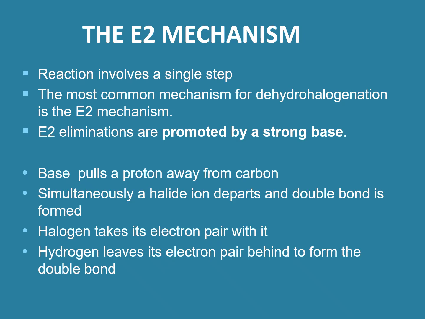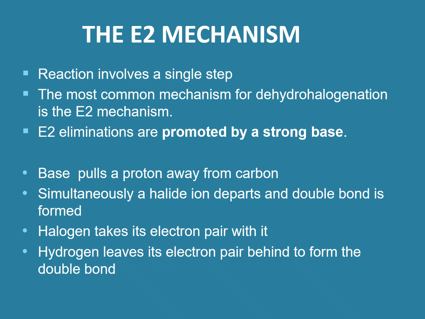Simultaneously a halide ion departs and the double bond forms. As we have discussed in the characteristics of elimination reaction, the leaving group, halogen in this particular case, takes its electron pair with it, but hydrogen leaves its electron pair behind to form a double bond.